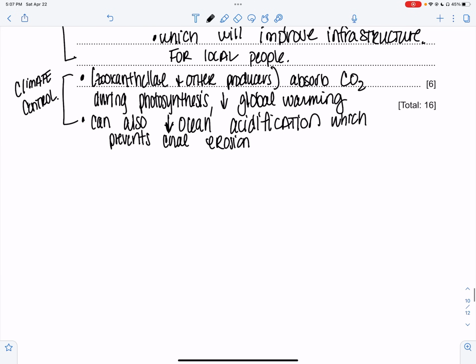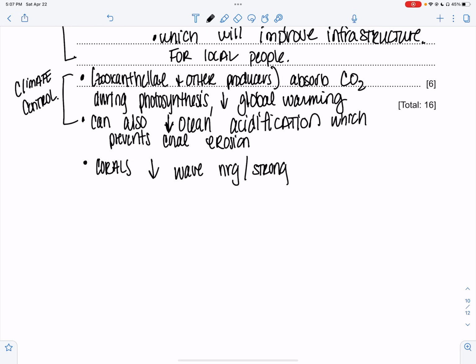So we richly just have coastline protection left. Corals decrease wave energy, or wave strength, wave height, wave speed, which prevents shoreline erosion.